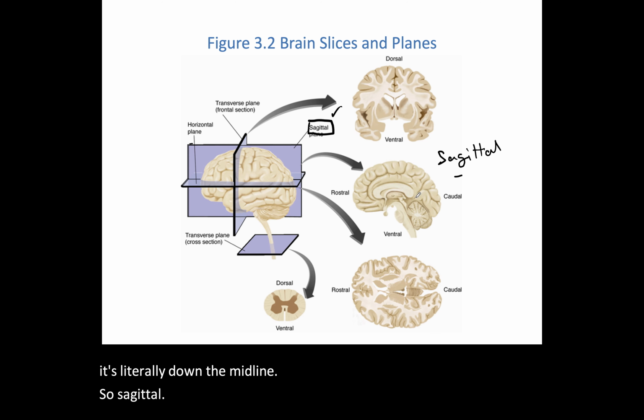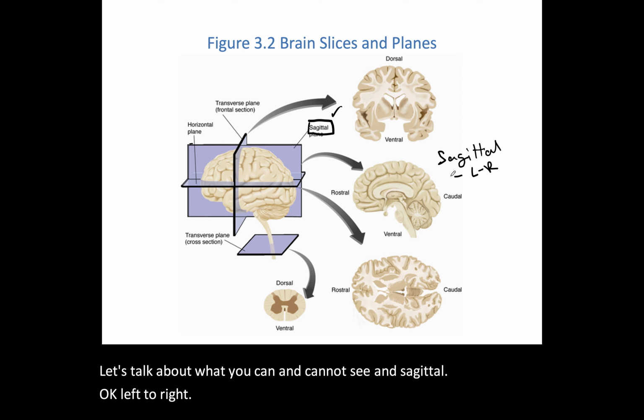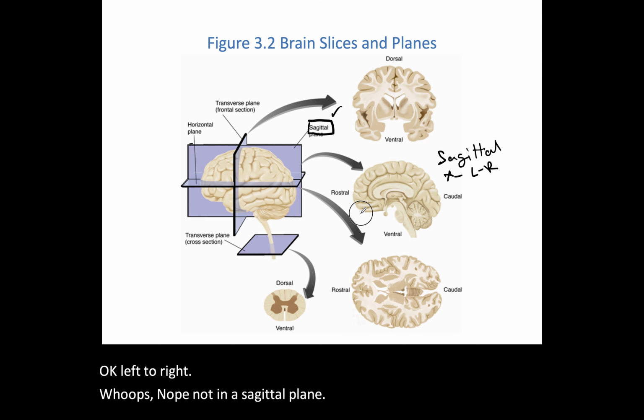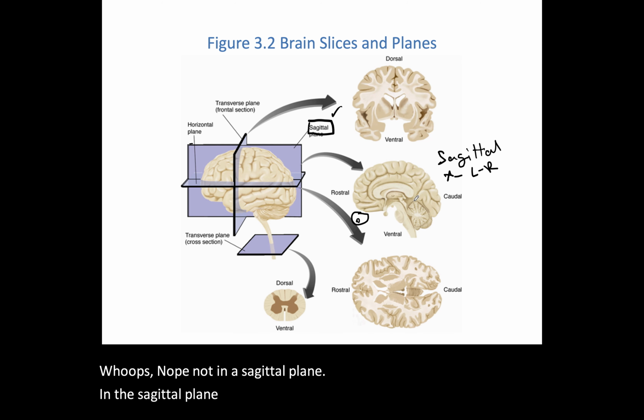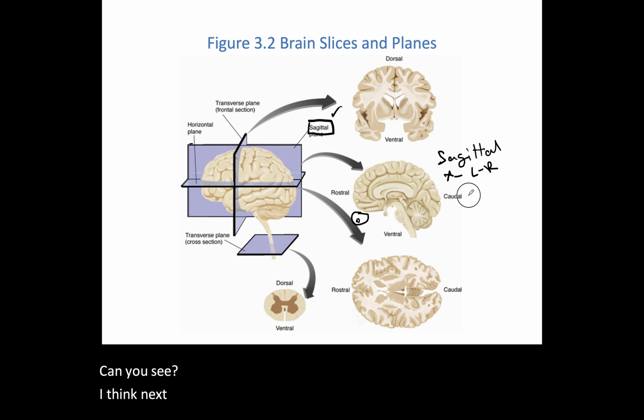Let's talk about what you can and cannot see in sagittal. Okay, left to right. Oops, nope, not in a sagittal plane. In a sagittal plane, you could visualize the eyes, but the ears are not in this plane. All right. Can you see dorsal to ventral?